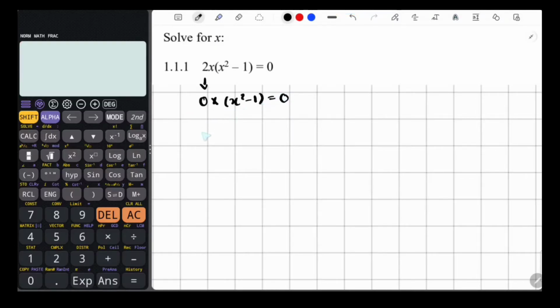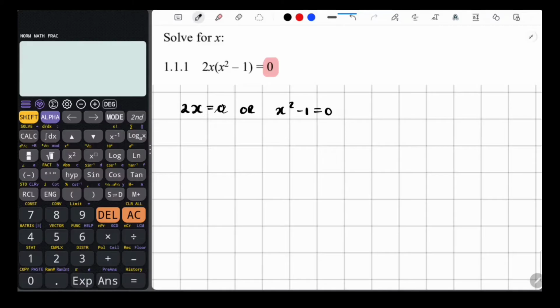Or it could be that x squared minus 1 was 0. That's why we say it's either that 2x is equal to 0 or that x squared minus 1 is equal to 0. Just make sure that one hand side is equal to 0.